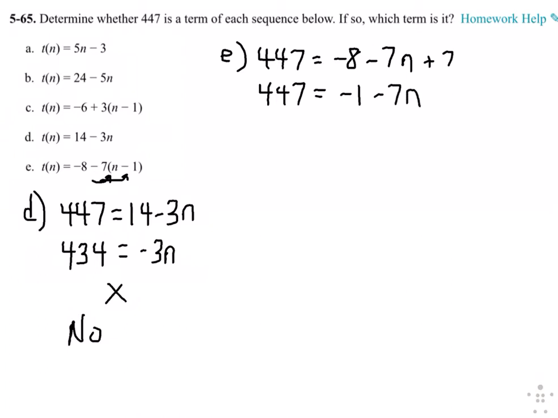So we add 1 to both sides. 448 equals negative 7n. And then I divide by negative 7, and I get a negative number, first of all. Regardless of whether it goes in evenly, I get a negative number. It's not part of the domain, so I would say no, 447 is not a term in that sequence.